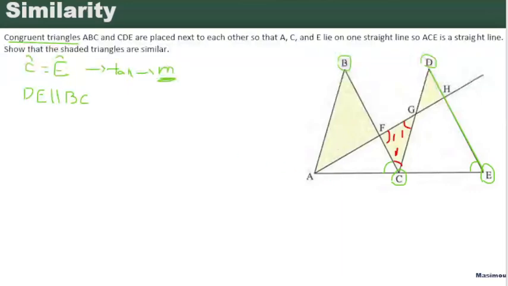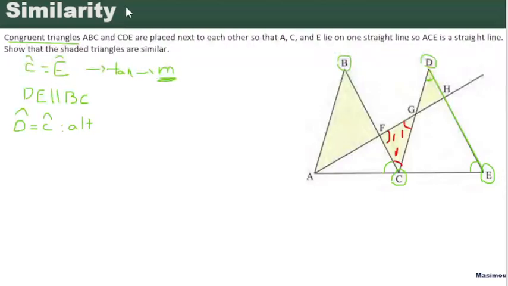Now I say the line DC is a transversal line. So I can say angle D equals angle C. Again, alternate angles.